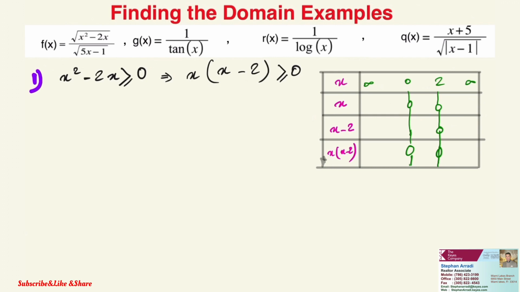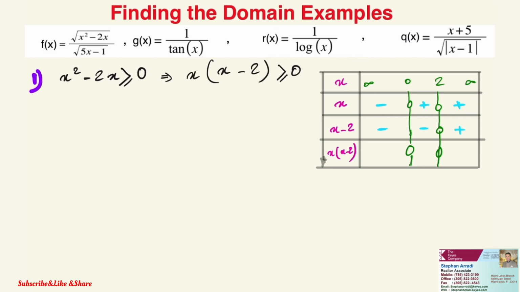So let's do each one by itself. This one here is going to be negative here and positive here. The other one is going to be negative here and positive here. If you're not sure, you just plug in a value and it will give you the answer.